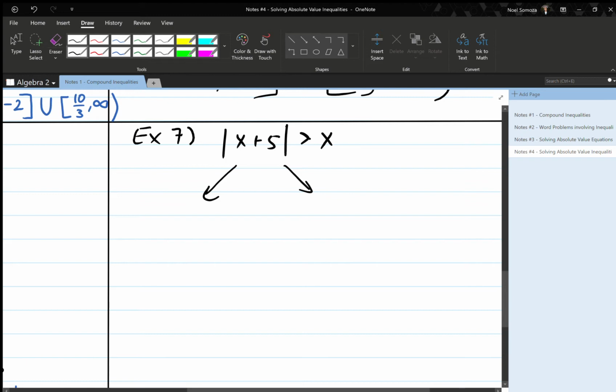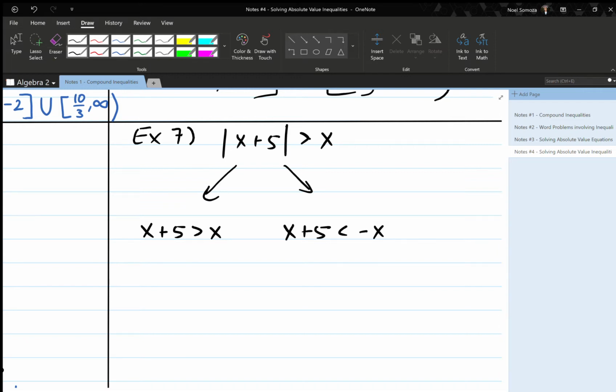What's the first one look like? OG. So x plus 5 greater than x. Second one, what do we need to do to it? Flip, switch. Flip this guy, switch this guy. So now it's less than -x. Who cares? Keep going.